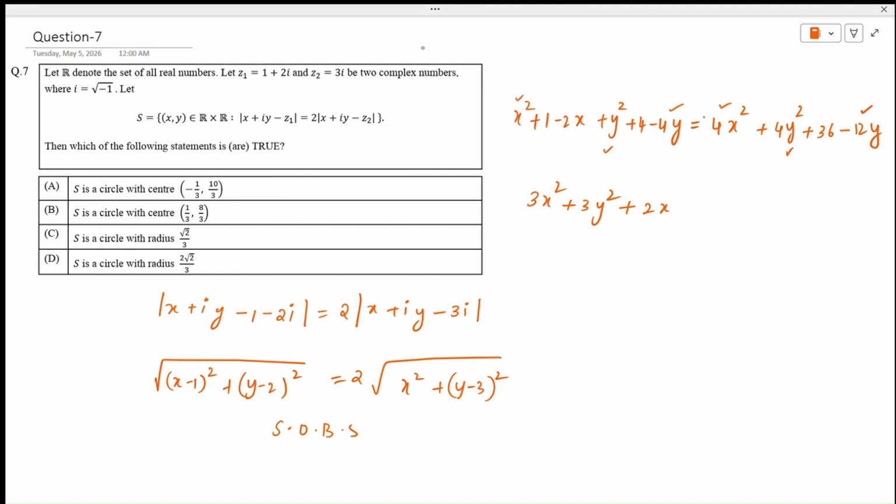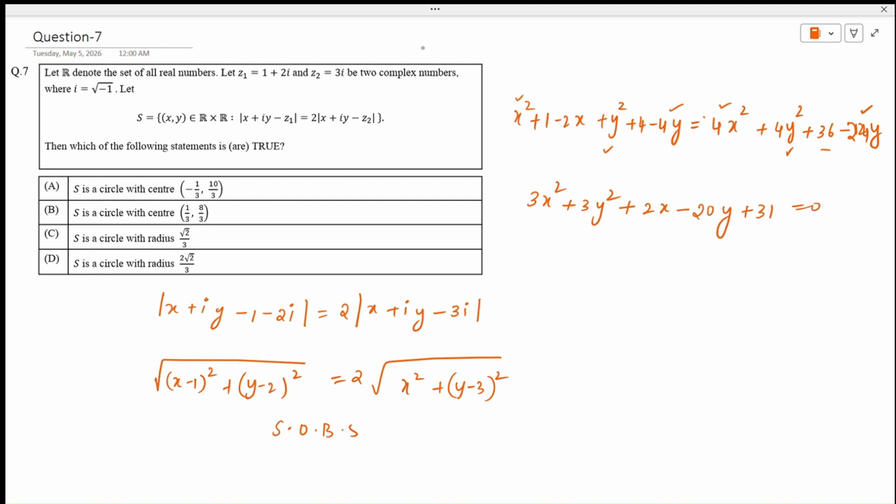Wait, let me look at this properly. Minus 6y times 4 is 24, not 12. So minus 24y plus 4y gives you minus 20y. And then 36 minus 5 is 31.